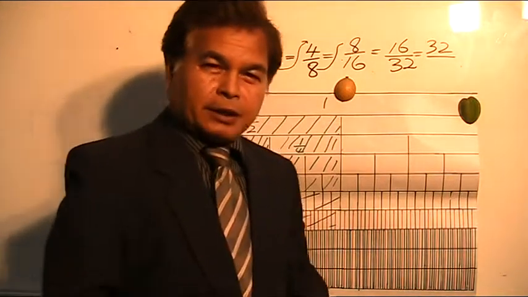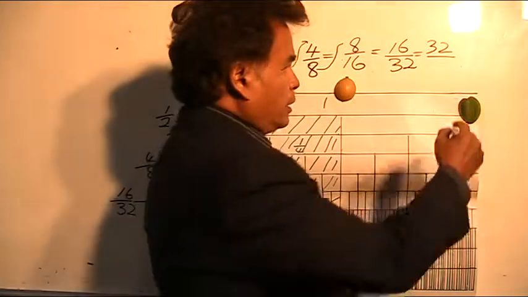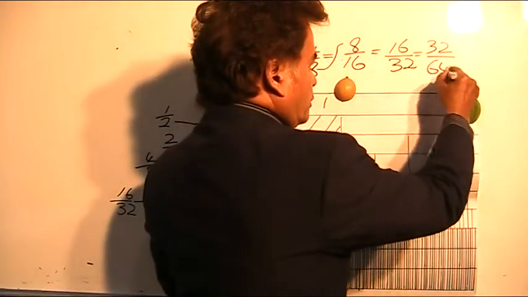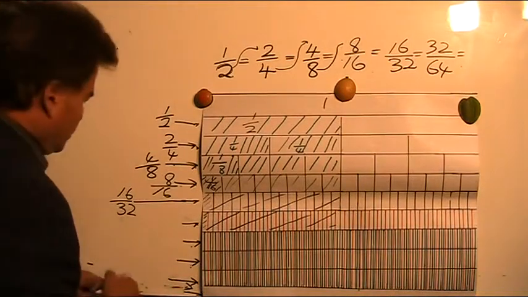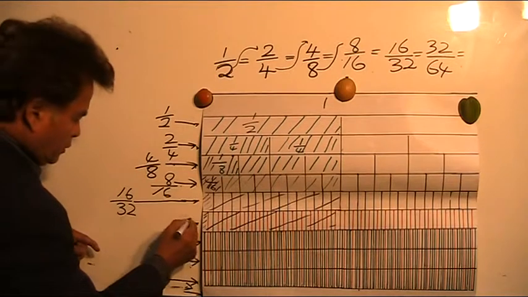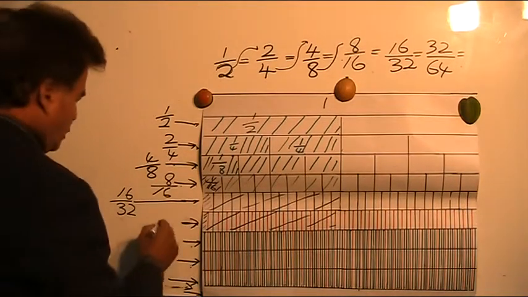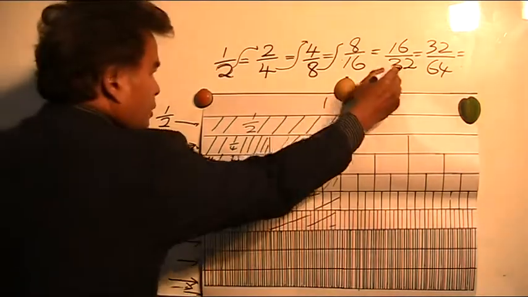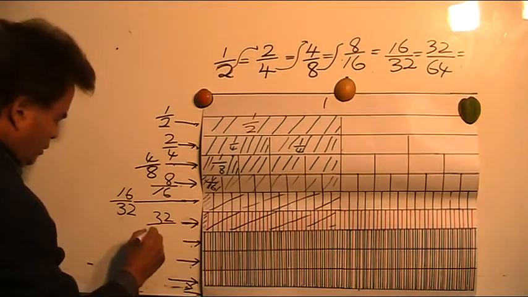Masih ada lagi yang diam, tak jawab? Okay, this is 64. So here will be what in here? What? Yes, the denominator becomes numerator. So 32 over 64.